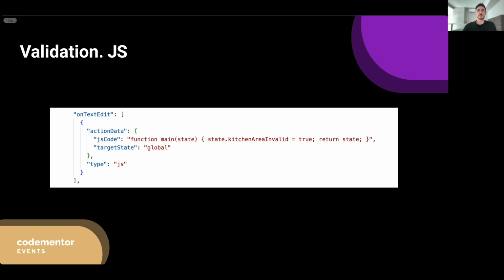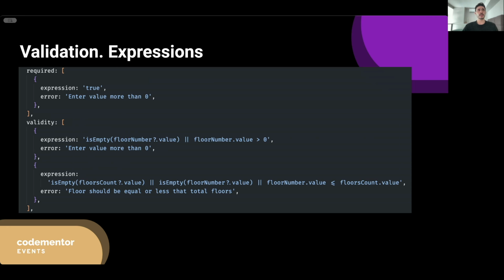Basically, it can return the new state, or maybe some action to show an error. With expressions, the situation is almost the same, but it's limited to a set of rules that can be applied. We cannot just execute any code here, and the expression will result in a Boolean value that will indicate whether we should show the error or not.